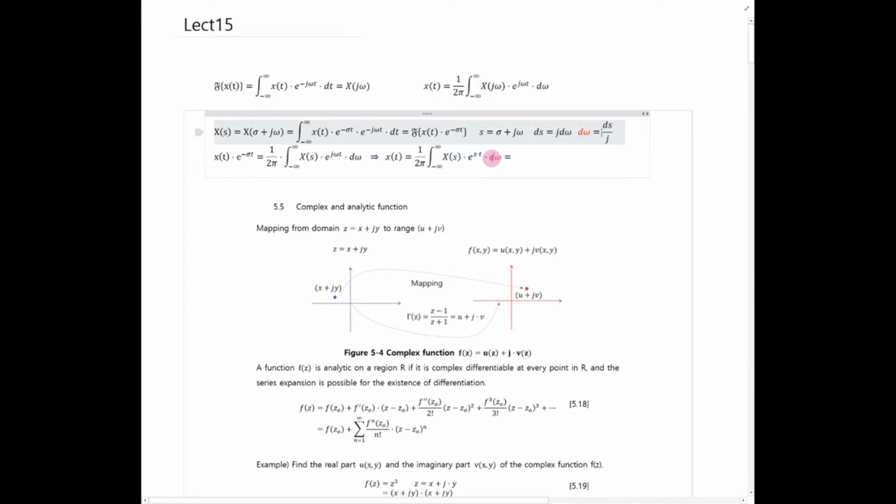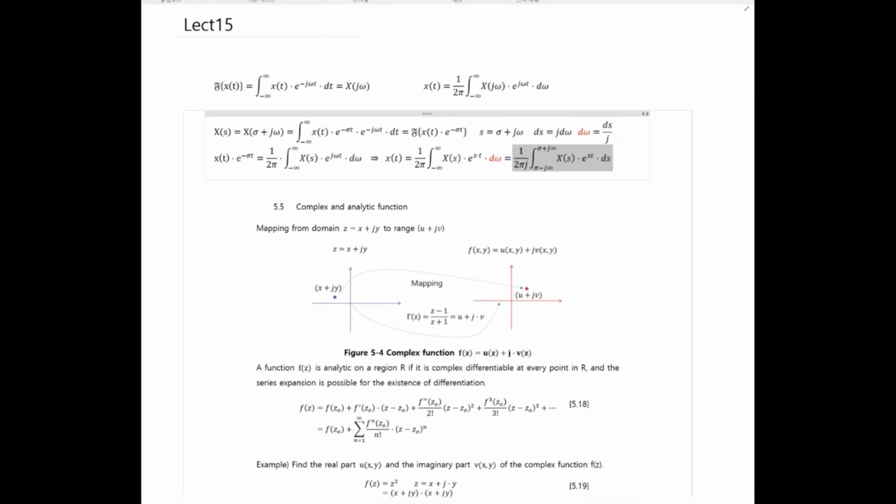So I would like to replace d omega with ds over j, then it will be 1 over 2 pi j, and the integration range will be from sigma minus j infinity to sigma plus j infinity, and X(s) e to the st ds.